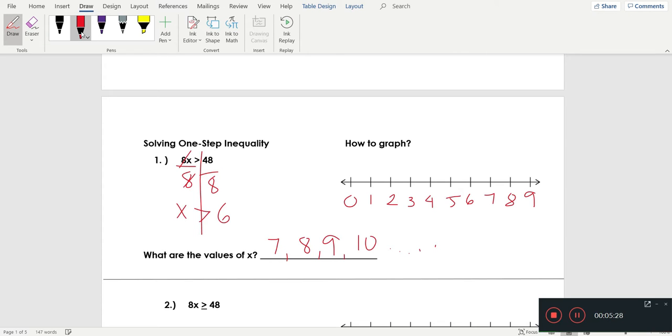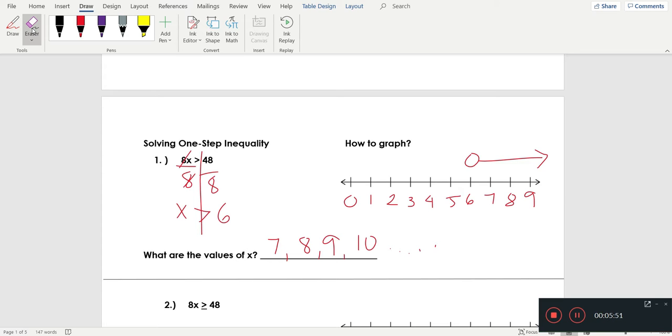You start from 6 because that's where the x is, and going to the right. As you can see, this is not a closed circle because the values here do not include 6.